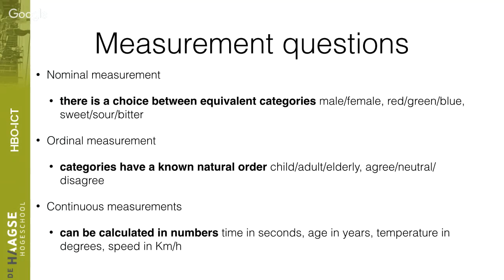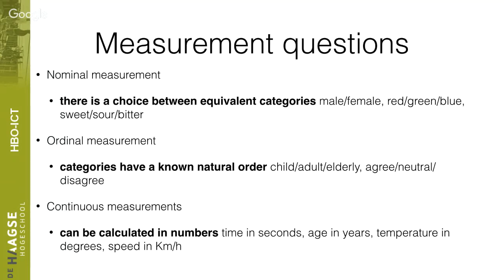We don't know that exactly. We just know that the adult will be older than a child. So we organize them in this order, and that's why they call them ordinal measurements. You can also say agree, neutral, disagree. We know that neutral is between agree and disagree, but again, we don't know the distance between these things.